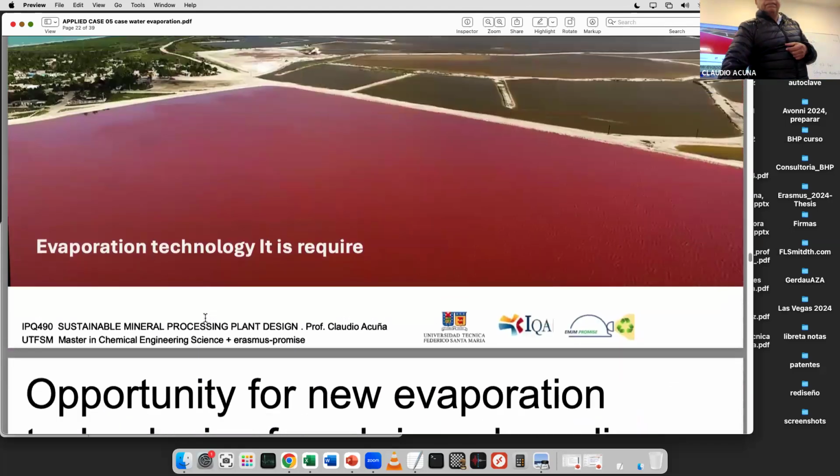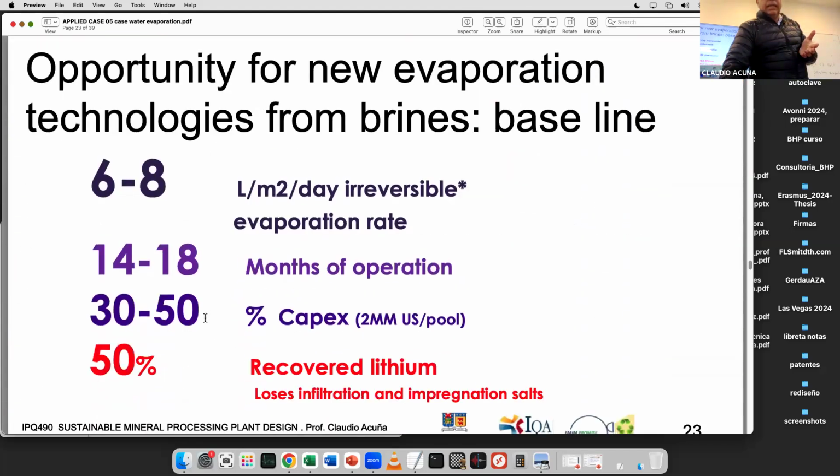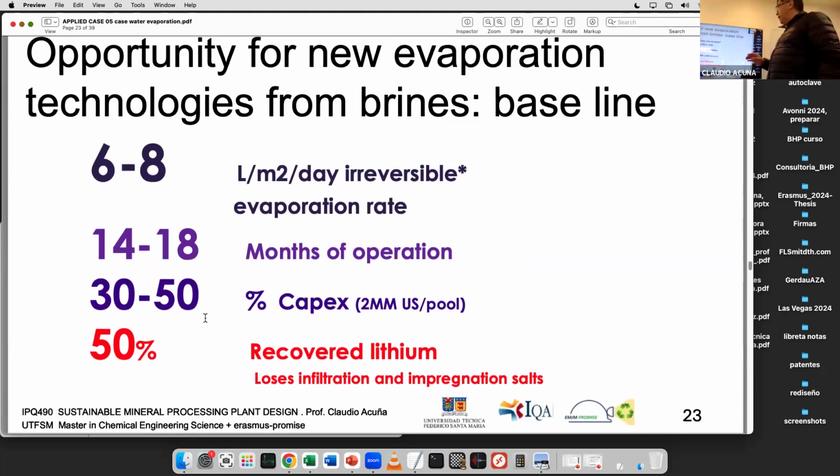So this is a big problem. We see it in the case of lithium, we see it as an opportunity. Very low evaporation rate, a long time, 12 to 18 months. Very high capex, 30-50% capex for the technology. Recovery, we're being generous, it's not 50, it's less than 50. Okay. So this is an opportunity.